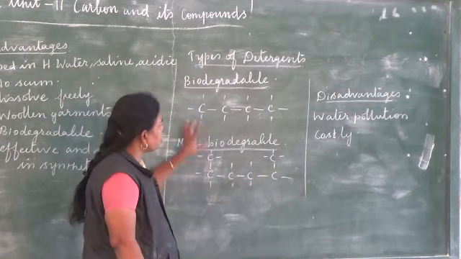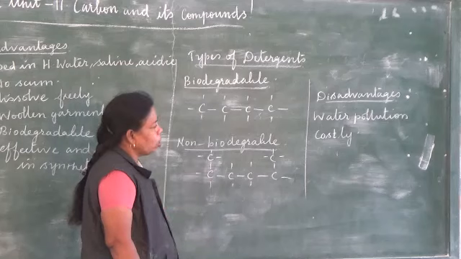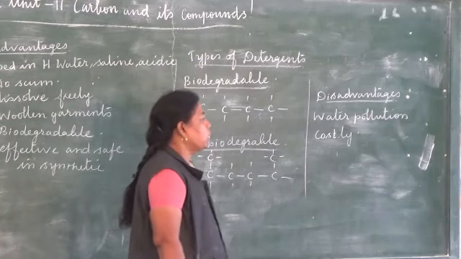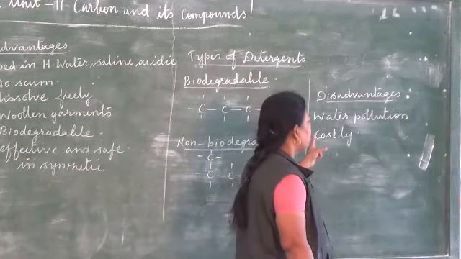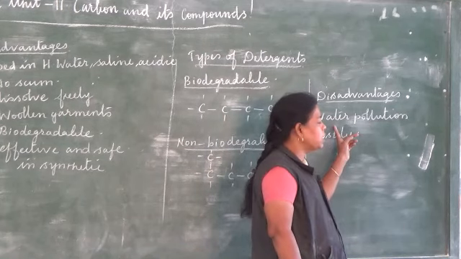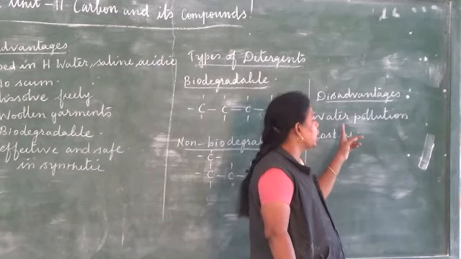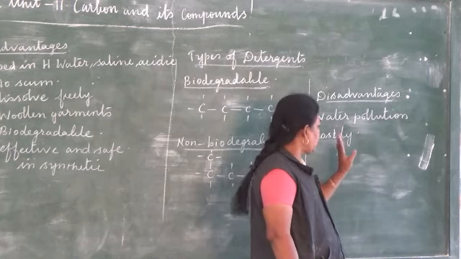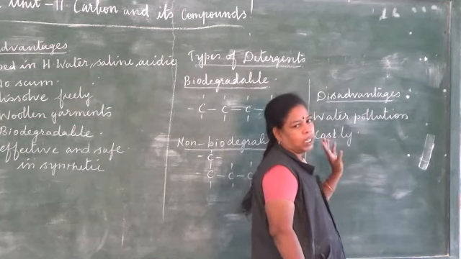So this is the difference between biodegradable and non-biodegradable. And what are the disadvantages of detergents? Non-biodegradable detergents pollute the water when they react with water, and detergents are costlier than soap.